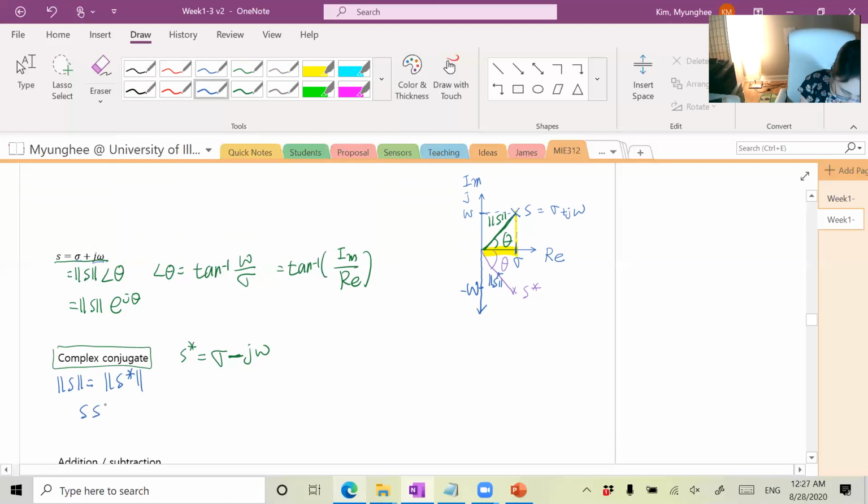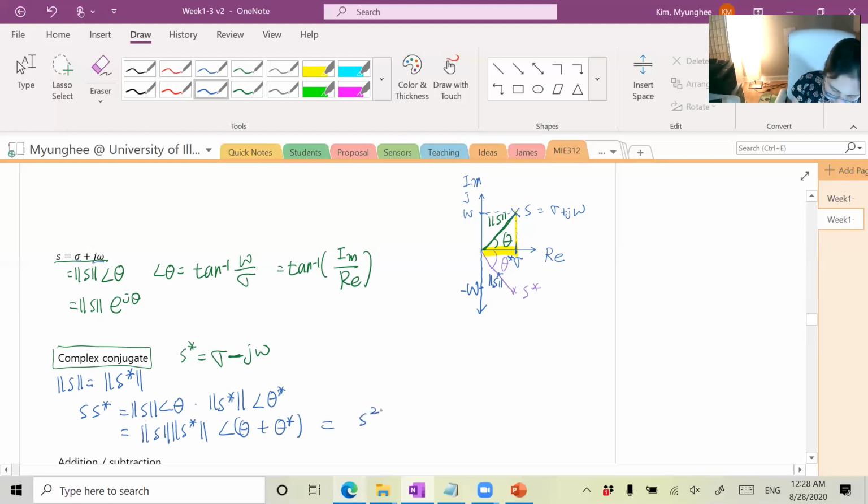Therefore, if you multiply those two, this becomes S angle theta times S star angle theta star, which becomes S star angle theta plus theta star.